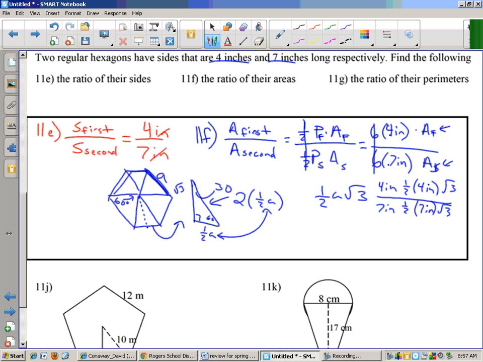What do you guys notice? Is there anything similar in the top and the bottom? What's going to happen with 1/2 over 1/2? It's going to have a square root of 3 over square root of 3.